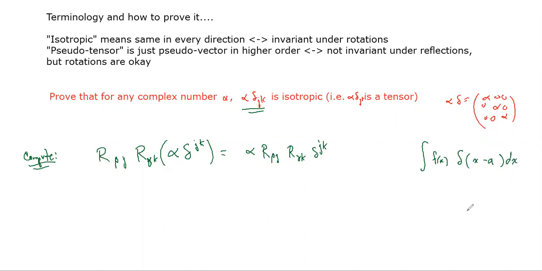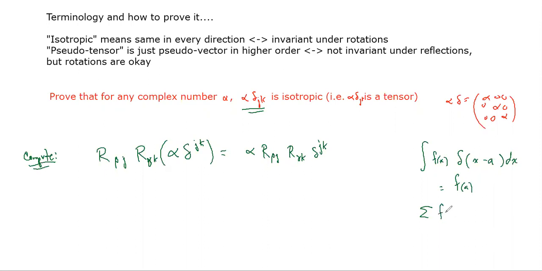So the delta function picks out just a value at A, right? So this is almost our operational definition. In a discrete way, it's its finite dimensional, or countably infinite dimensional, cousin. The Kronecker delta can do the same thing.